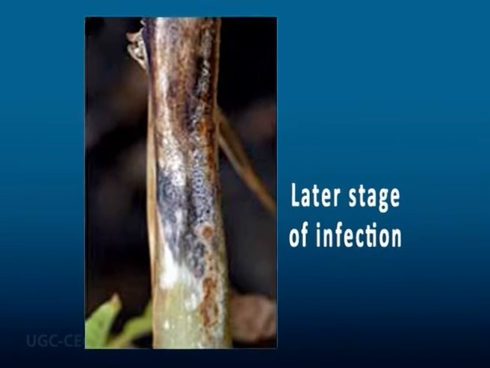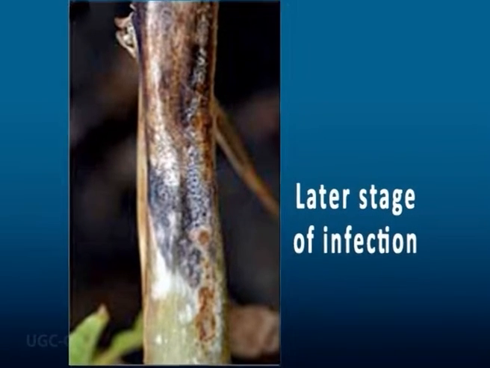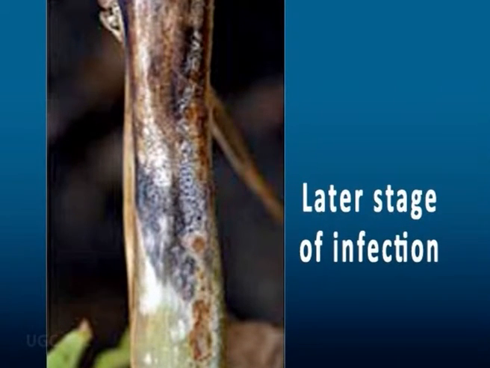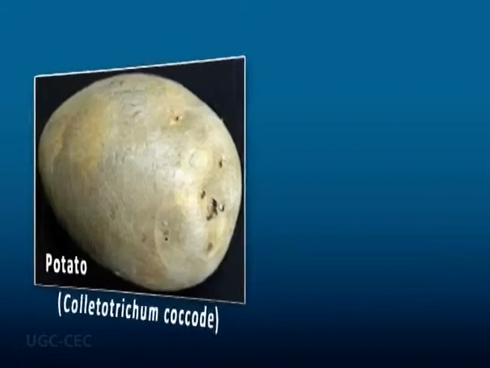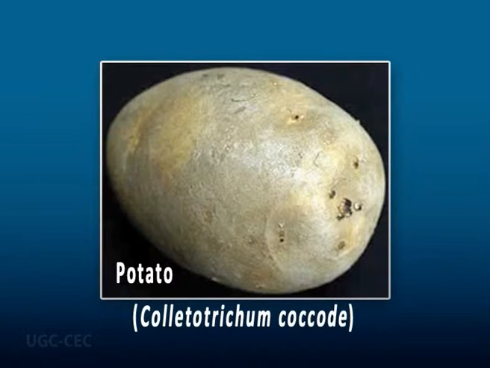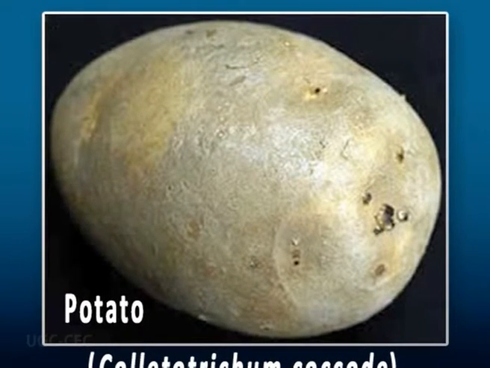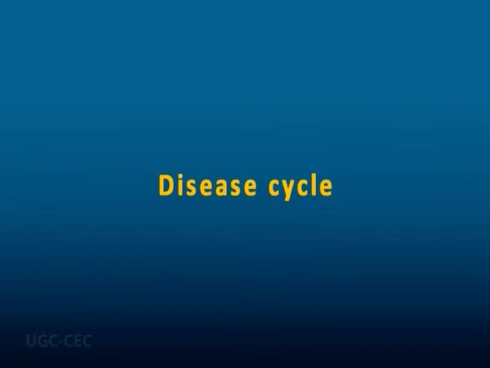As infected tissue shows signs of senescence, microsclerotia may become abundant, covering the entire surface of the stem. Tuber symptoms appear as a brownish to gray discoloration over a large portion of the tuber or as circular to irregularly shaped areas. Disease cycle.